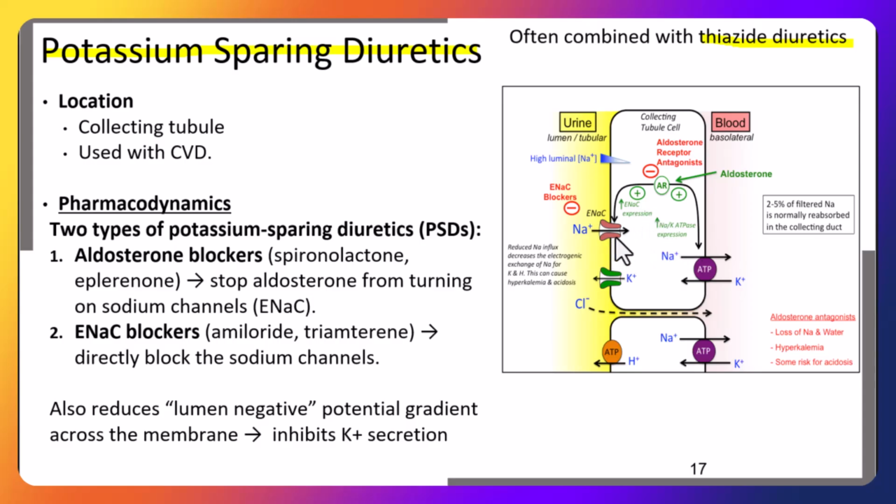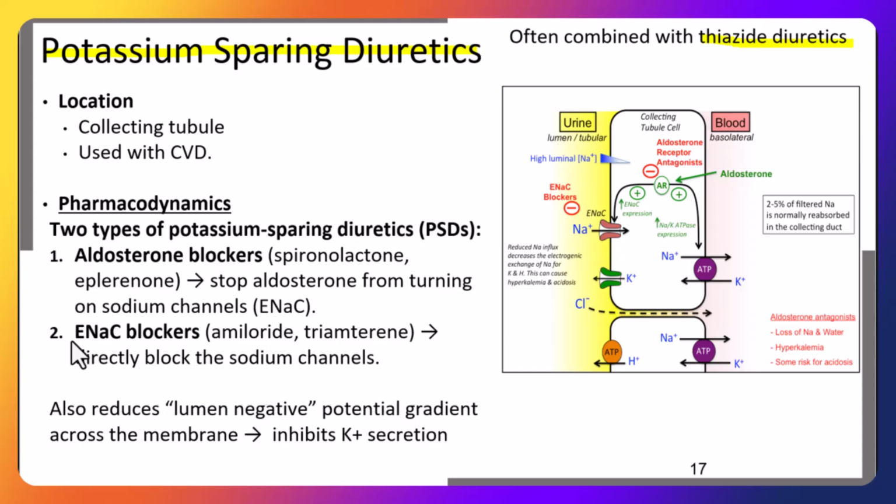We're not getting these channels and these pumps formed and embedded into the plasma membrane. And so what that does is it prevents sodium from entering the blood, keeping it in the tubule fluid. If we keep it in the tubule fluid, water will follow, and then we'll have a reduction in blood volume and blood pressure as a result.